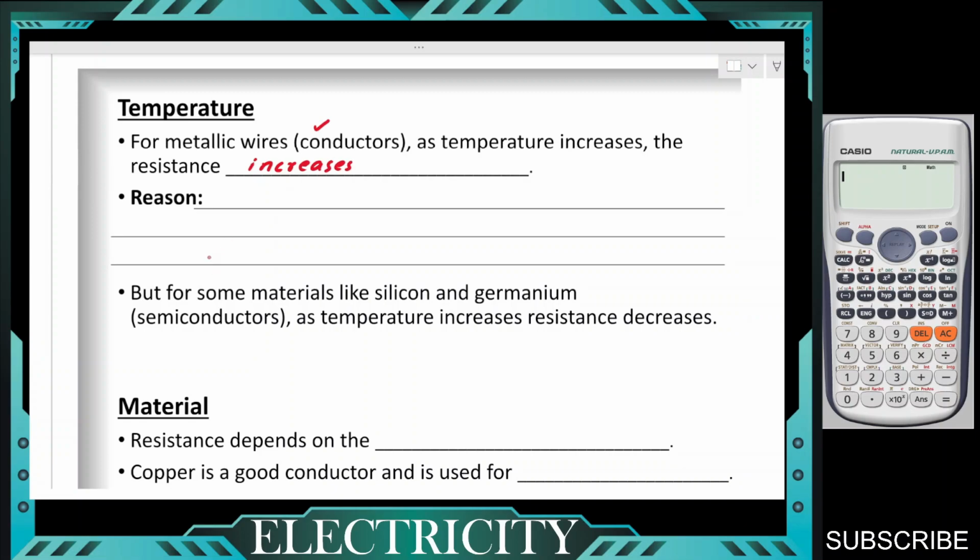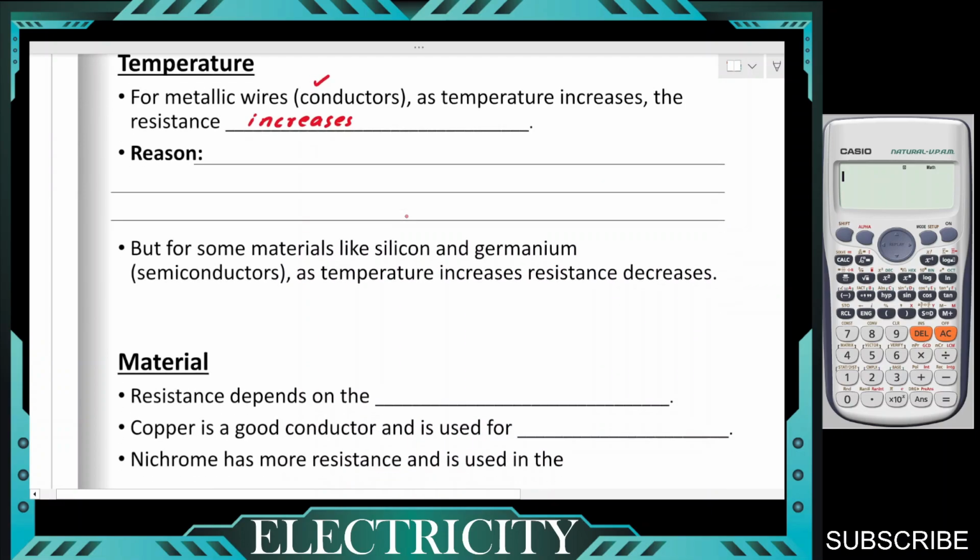And what's the reason? Increasing the temperature increases the kinetic energy of the molecules. They vibrate faster, they have more energy, they collide more vigorously and more frequently, and hence the resistance would increase. But that is for the conductors. For semiconductors, for example silicon and germanium, it's the other way around.